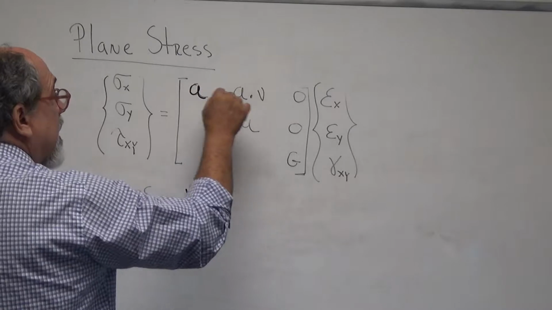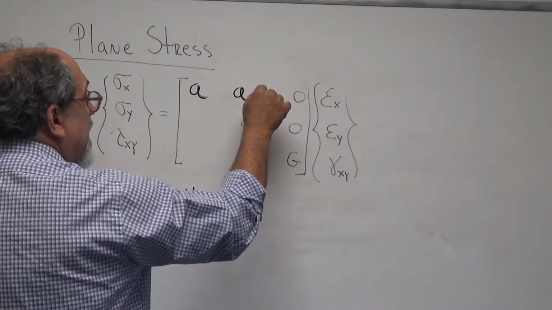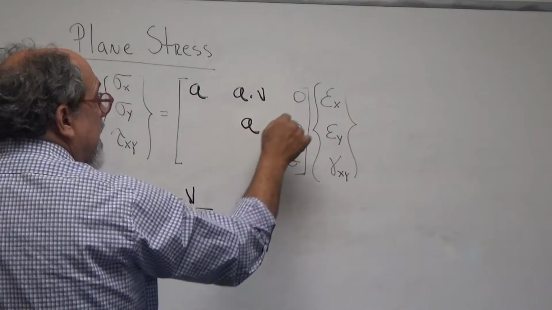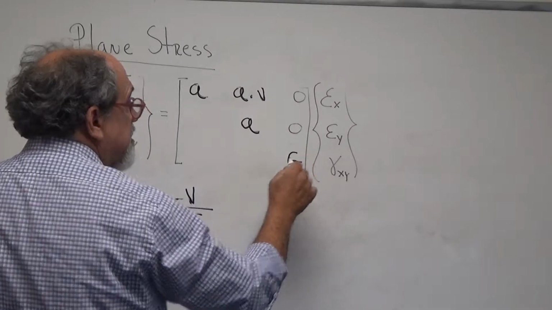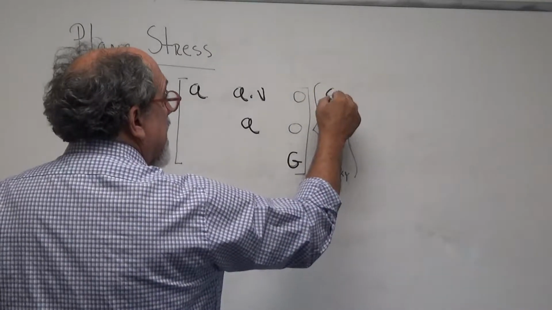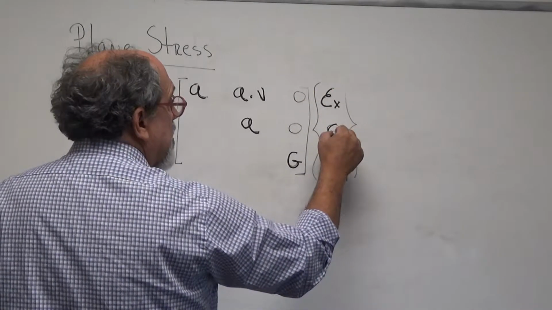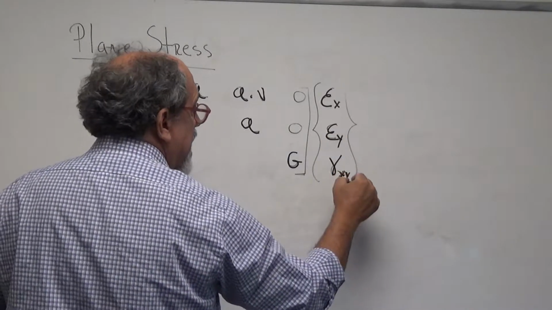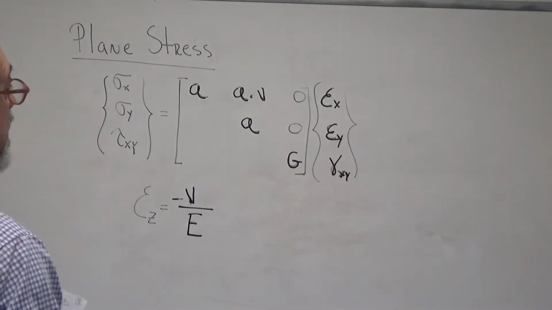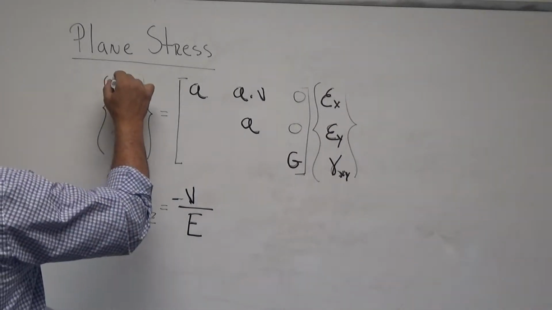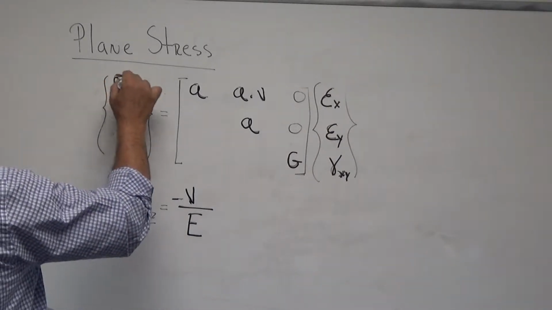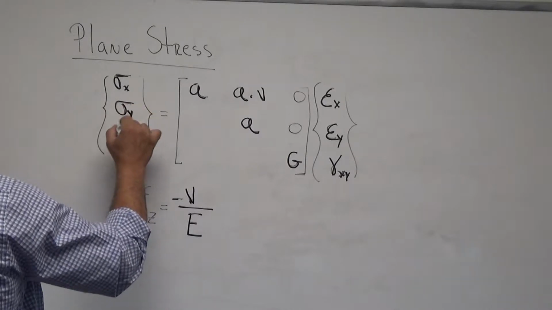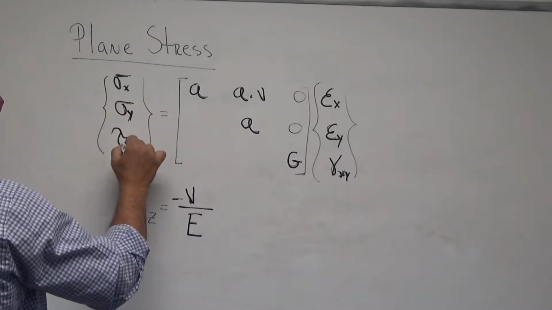So A, nu A, G. Epsilon x, epsilon y, gamma xy. Sigma x, sigma y, tau xy.